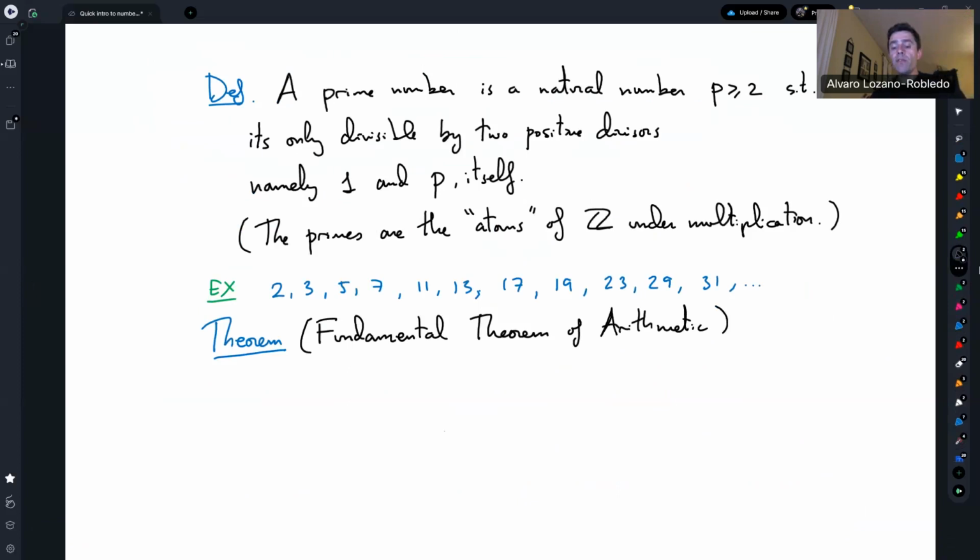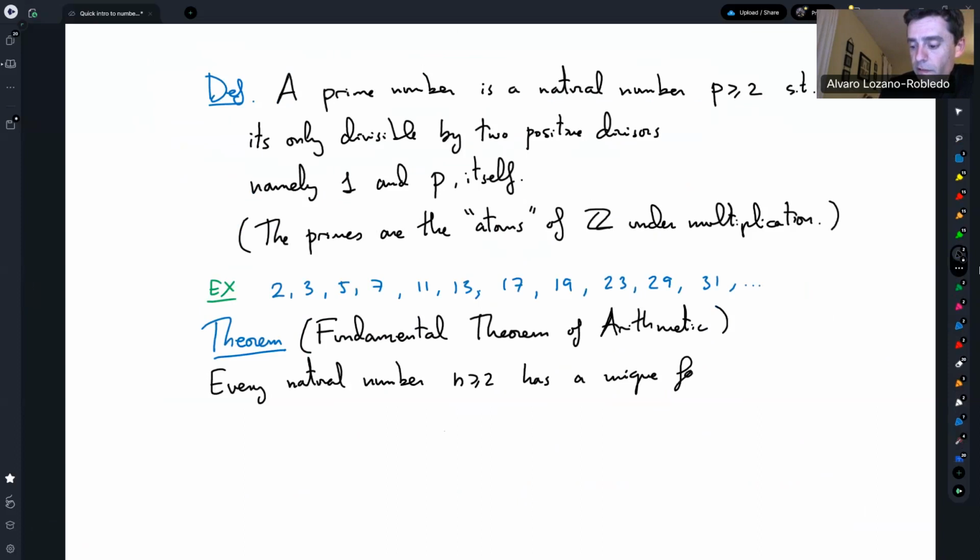And the Fundamental Theorem of Arithmetic tells you that every natural number bigger or equal to 2 has a unique factorization as a product of primes.